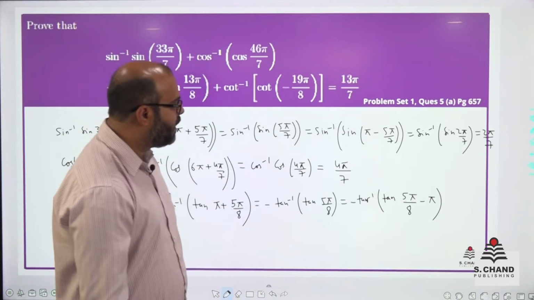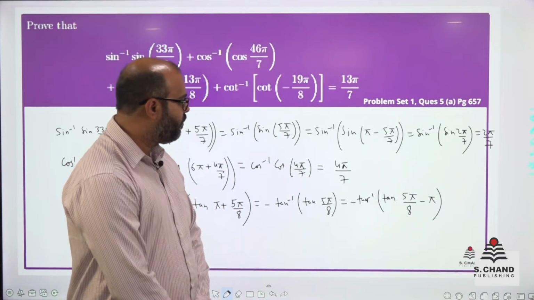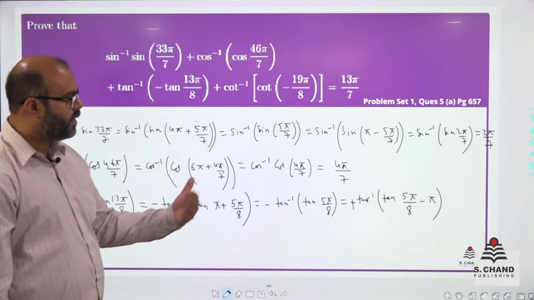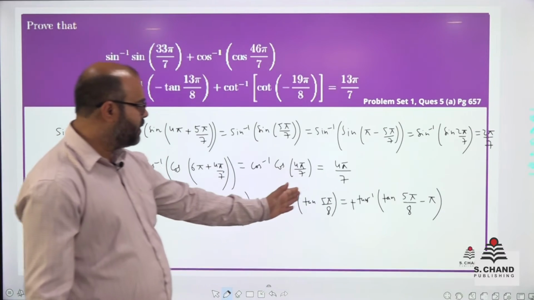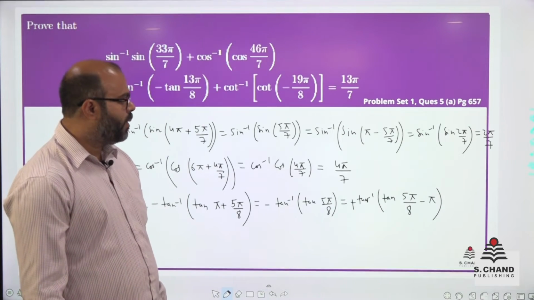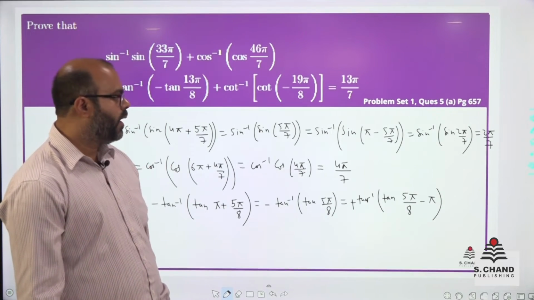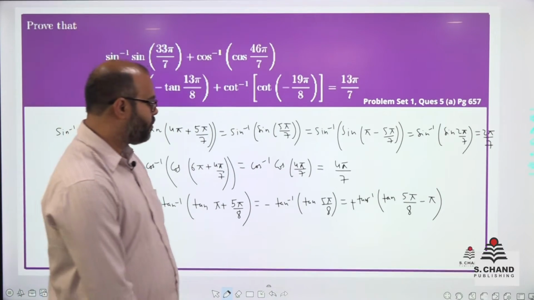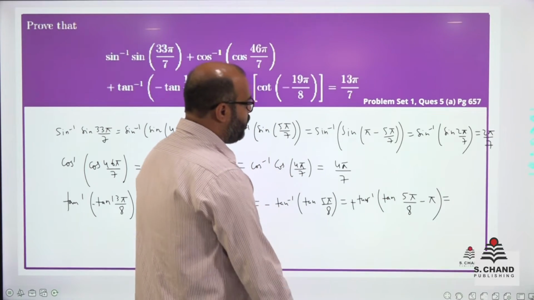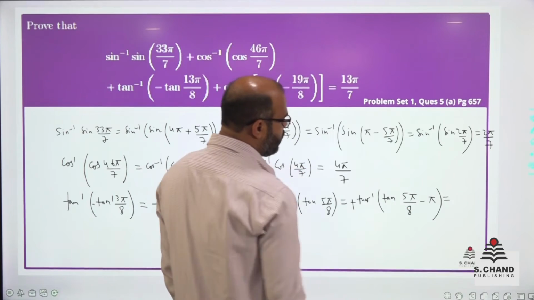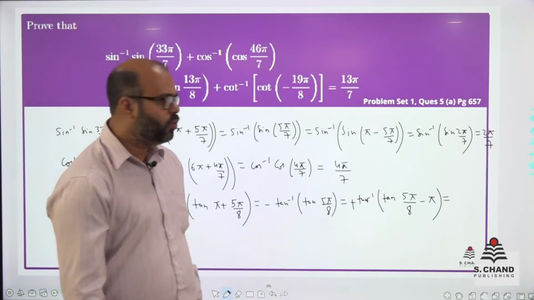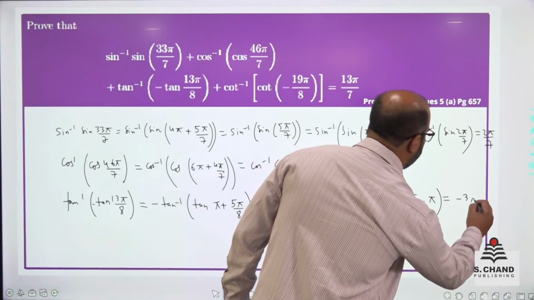Taking this minus inside, minus 5 pi by 8 will become 5 pi by 8 minus pi, which gives you minus tan 5 pi by 8, and that minus will come outside and it will become plus. Then this will become minus 3 pi by 8, and minus 3 pi by 8 is between minus pi by 2 to pi by 2. So this will finally be minus 3 pi by 8.